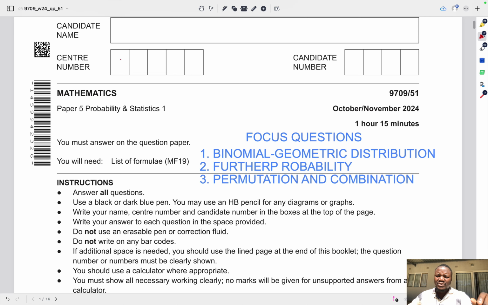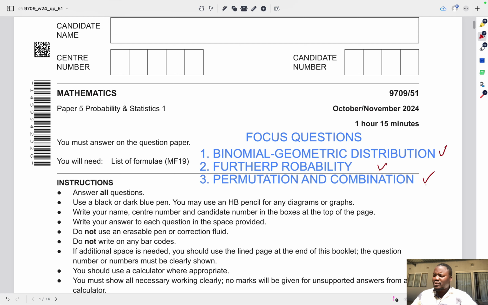So the first series is going to tackle October, November 2024, and this is going to be variant 1. Now, I've written here that my focus questions will be on binomial and geometric distribution, further probability, and permutation and combinations, as these are some of the topics that have been requested of late by most of you.